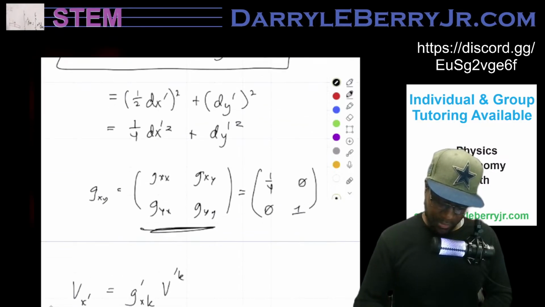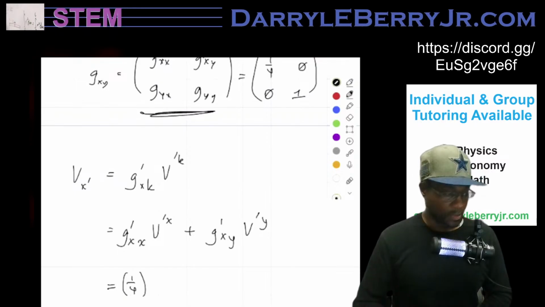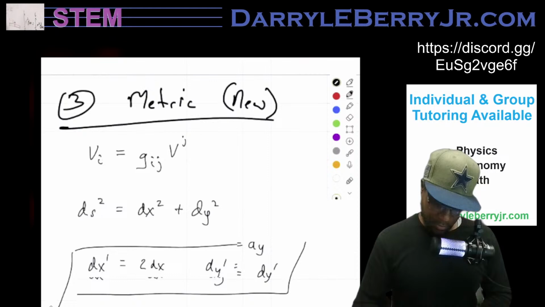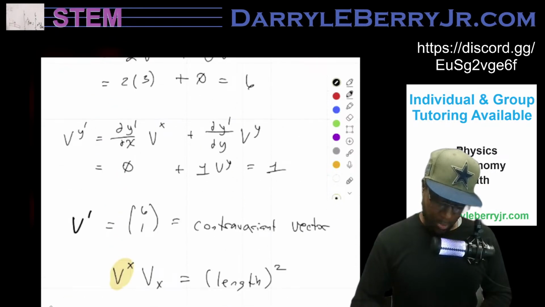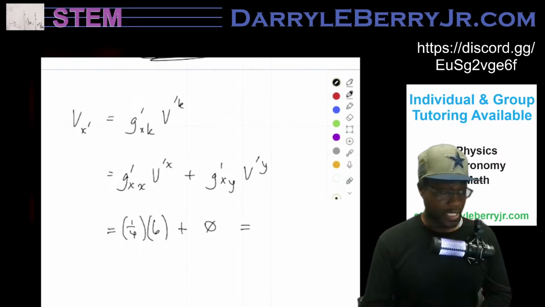We have the g here is going to be 1/4, and v prime for the up one is 6 plus, and well, that was 0, so we can cancel that out. 6 times 1/4 is 1.5.